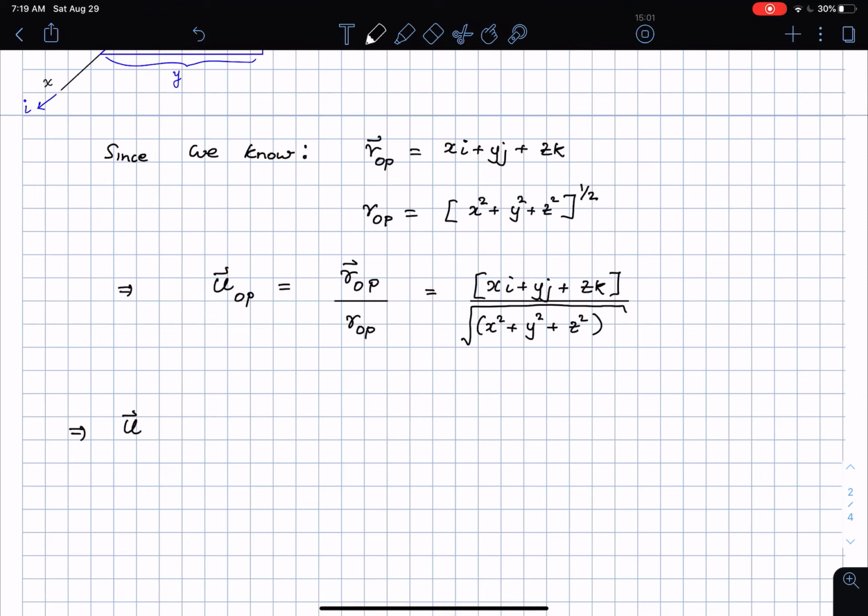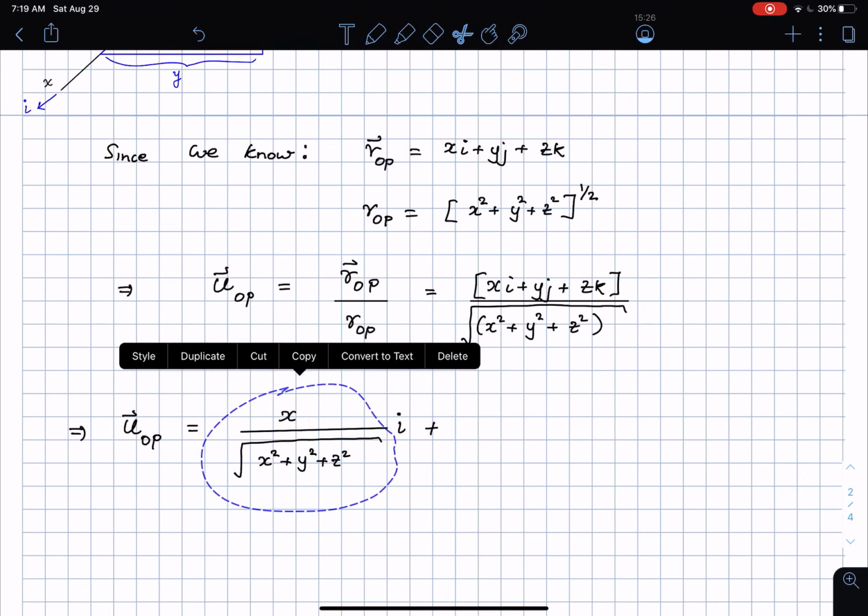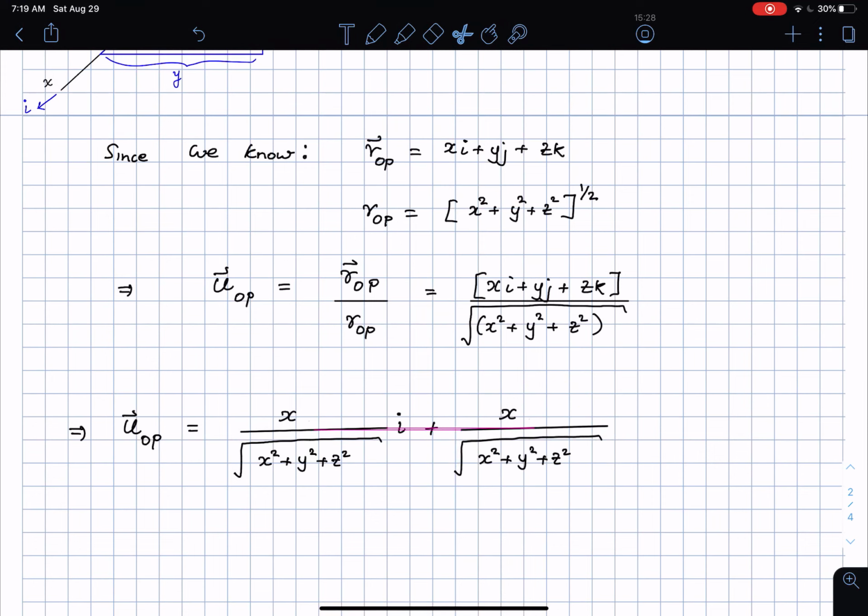Or if I have to be more careful, here is how I would write it. UOP is going to be xi divided by the square root of x square, y square, z square. Well, I can take the i and write it next here. So this is in the i direction. Then I'm going to have something in the j direction. I'm just going to copy this and paste it again, and I'll change a few of these variables.